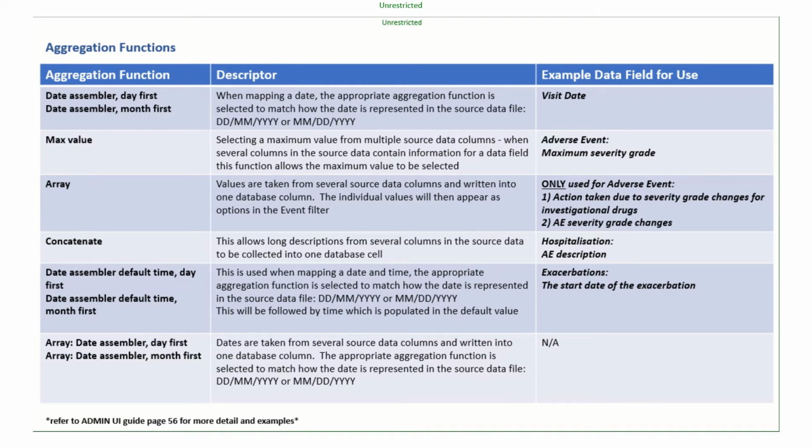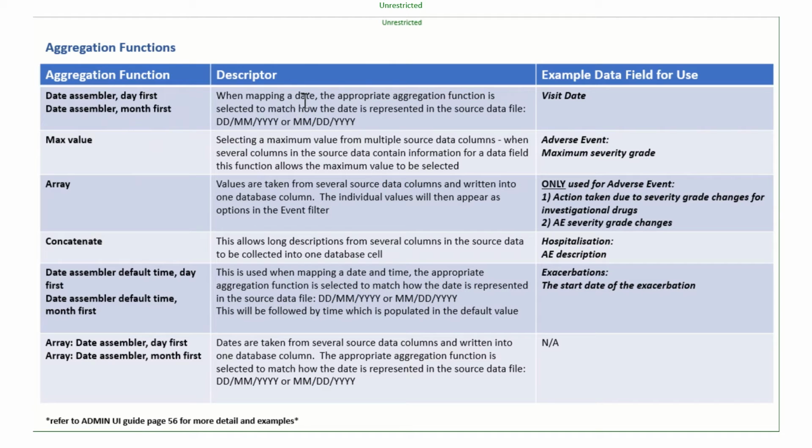The aggregation functions described earlier are described in a bit more detail in this table. There are 6 different types of aggregation functions, and the top 3 are the ones that are usually required most commonly. So date assembler day first, or date assembler month first.